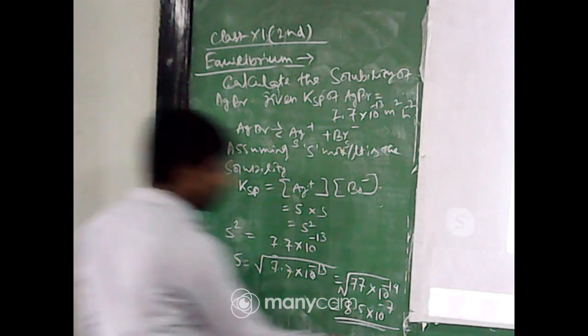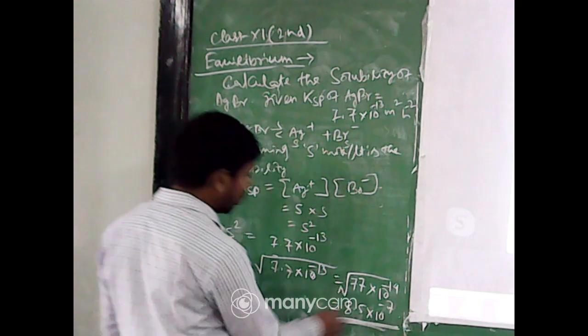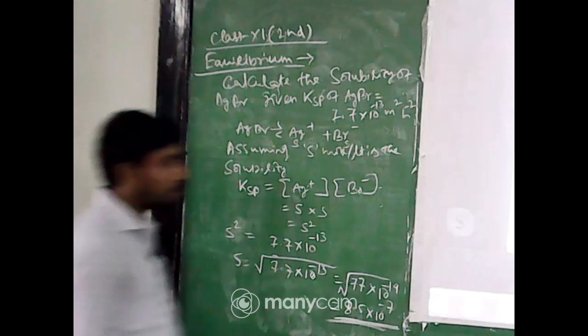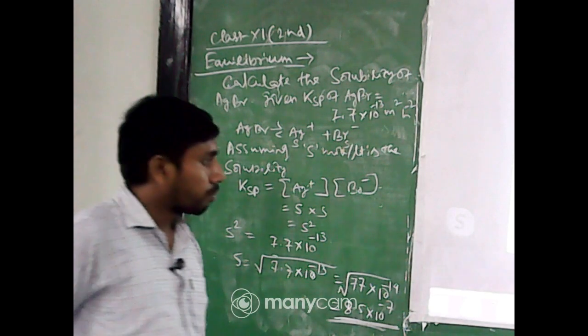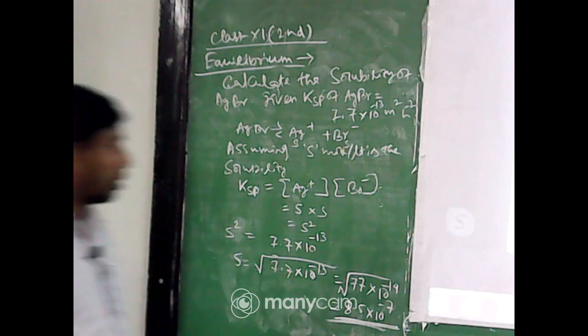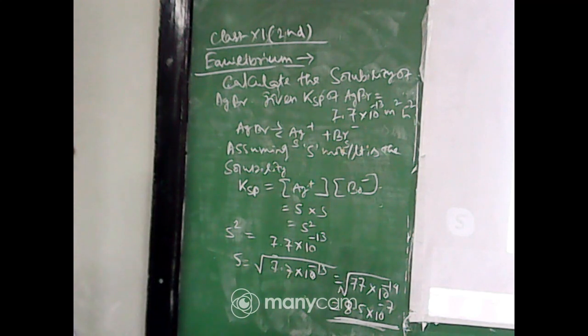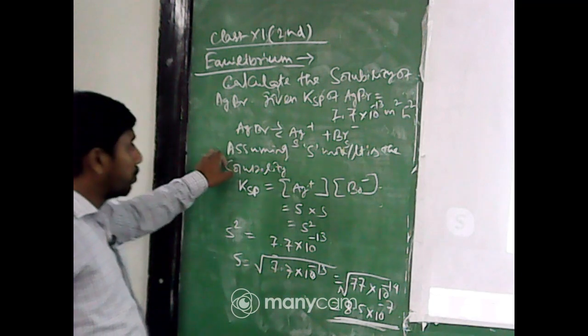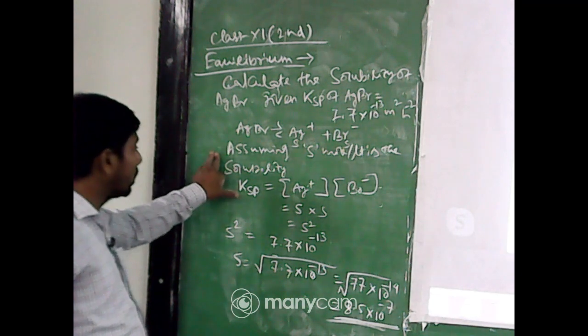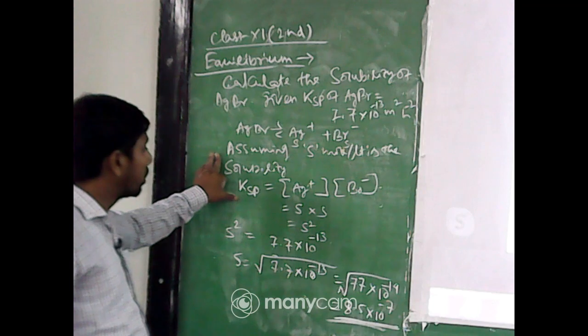Have you done this? Very simple. First of all, write down the equilibrium equation, assuming S mole per liter is the solubility. So the Ksp equals this.